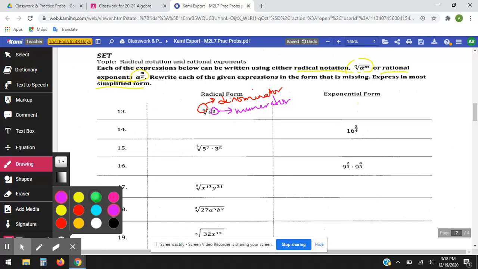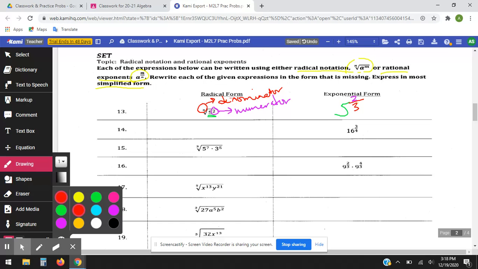So when I go to put it on this side, I have a 5, because that's my base, and I'm going to put it to the 2 over 3 power. My root is the third root, second power, third root. Okay, I'm not going to color code all of these, but that's what we're looking at.